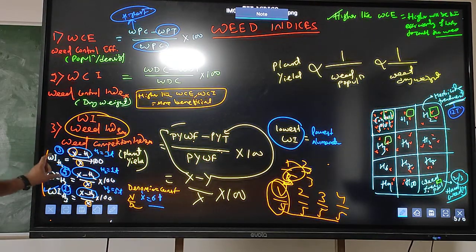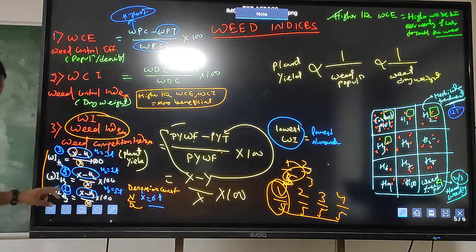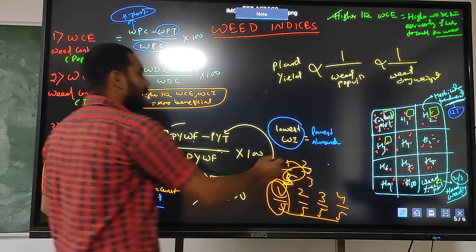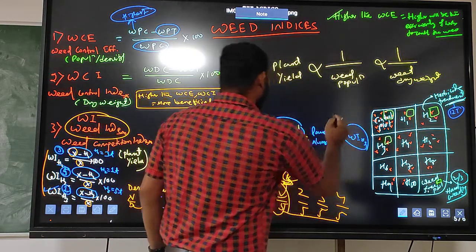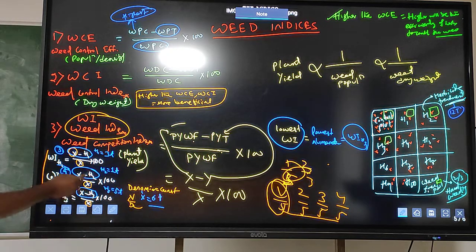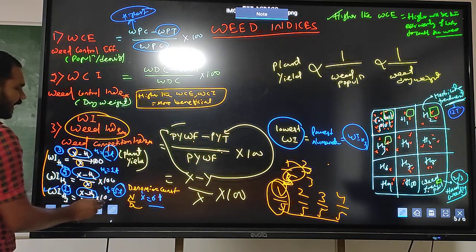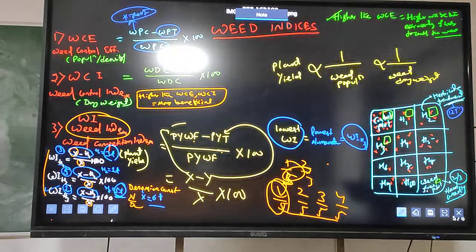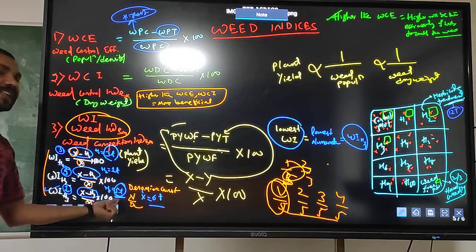So lowest numerator means lowest weed index. Here the lowest weed index is obtained in WI of H3. You can also say the yield is highest in H3 among the herbicides.